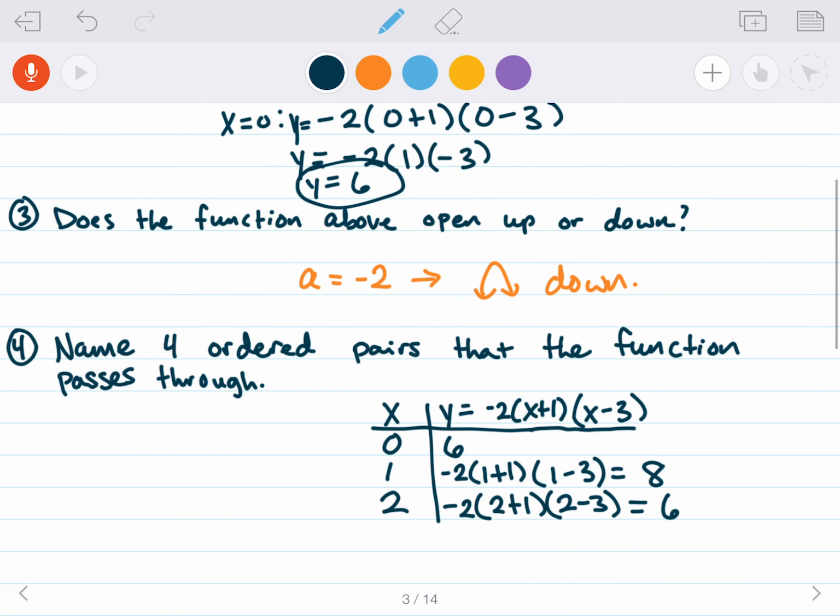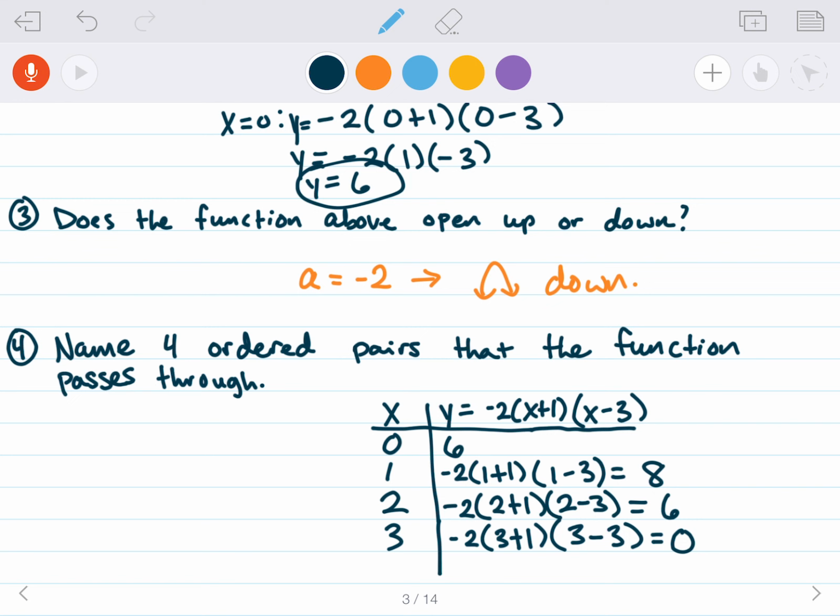And finally, if I do just the next x value that comes to mind, which is 3, and I plug in 3 anywhere I see an x, I get negative 2 times 3 plus 1 times 3 minus 3. And I can see this goes to 0, so 0 times anything is just 0.